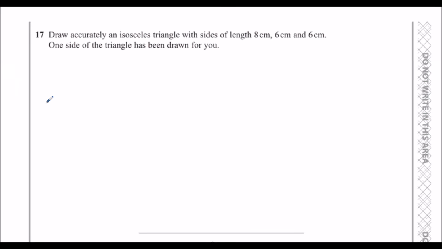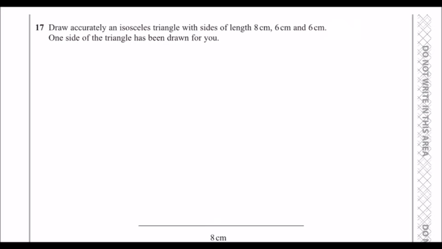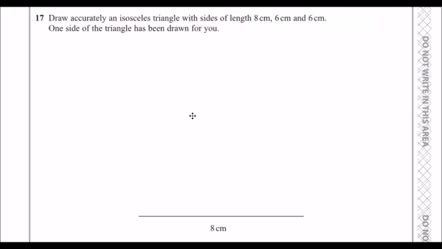Question 17. Draw accurately an isosceles triangle with sides of length 8 centimeters, 6 centimeters, and 6 centimeters. One side of the triangle has been drawn for you. So we have an 8 centimeter line drawn already. So we need to draw the 2 6 centimeter lines.